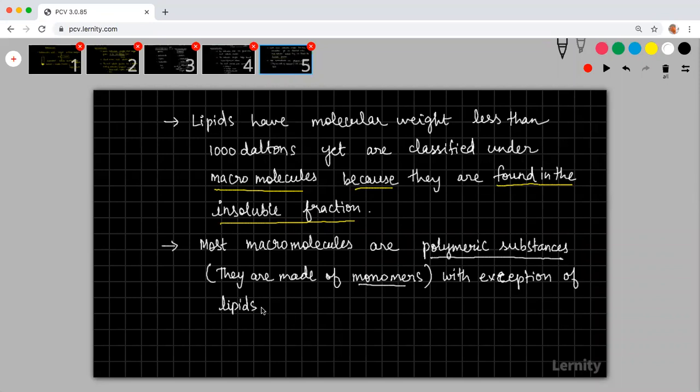What about steroids? Steroids and others will again come under a different category. We'll study that, just give me some time.